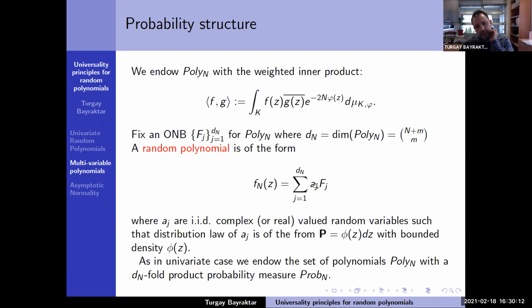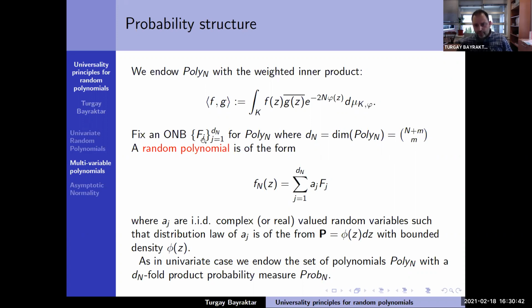One remark here is that I'm just assuming the a_j are again IID complex or real valued random variables. But of course, if you choose a different orthonormal basis for an arbitrary choice of a_j, your probability space changes. But if you work with, say, complex Gaussians, because complex Gaussians are unitary invariant, it doesn't matter which orthonormal basis you choose here.